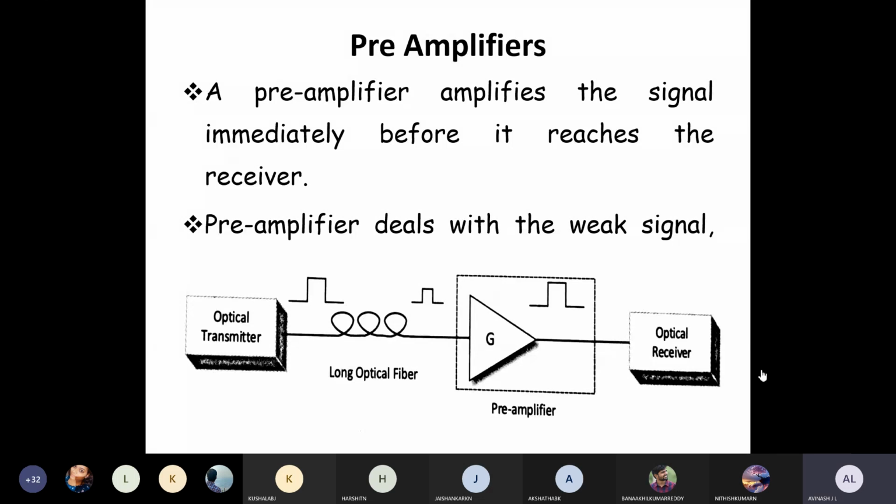Before the optical transmitter we cannot use a preamplifier, that is for sure. We can have a provision only immediately before the optical receiver, where we can use one amplifier. That is called the pre-amplifier. Very simple, pre-amplifier.